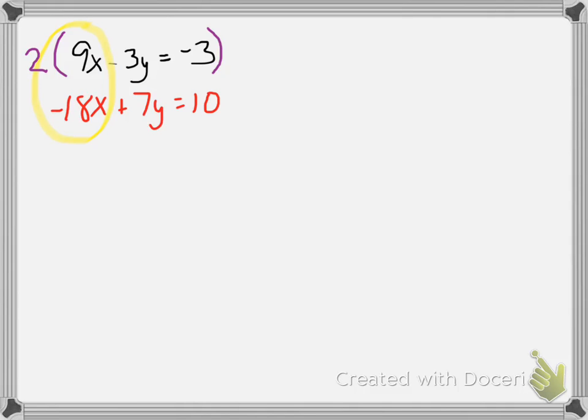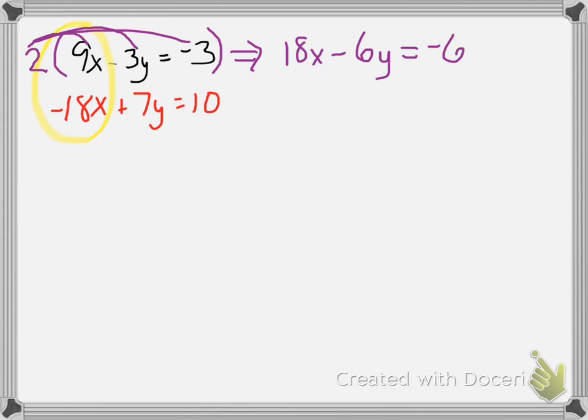When you have an equation, if you want to make another equation that's equivalent, you can do that, but you have to do the same thing to all the terms inside the equation. If you don't do that, then it's not equal anymore. So 2 times 9x, I'm going to write my new equation over here, is 18x, and 2 times 3y is 6y, and 2 times negative 3 is negative 6.